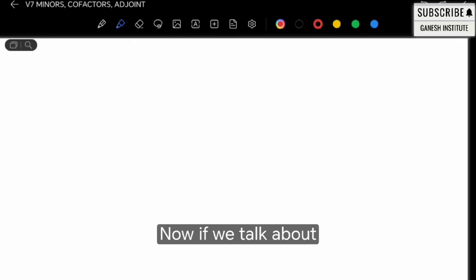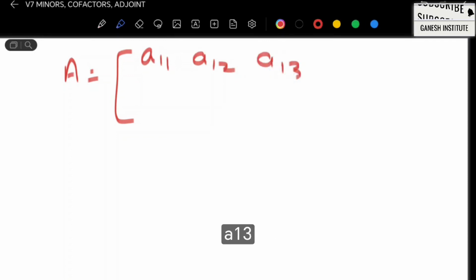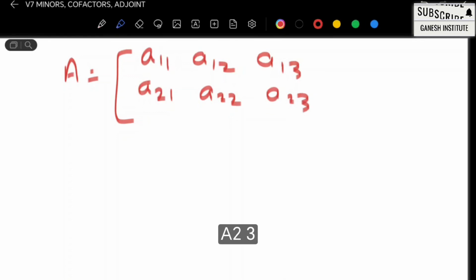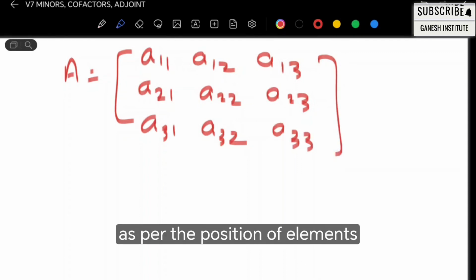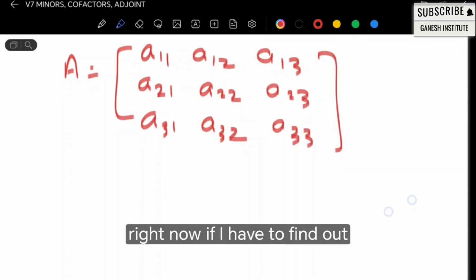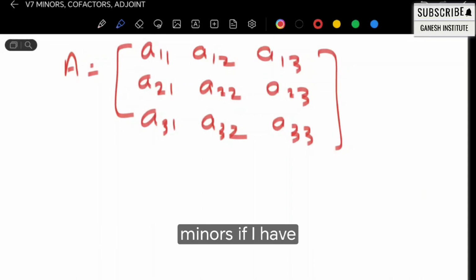Now if we talk about minors, let's say I have a general matrix A11, A12, A13, A21, A22, A23, A31, A32, A33. So these are as per the position of elements, right? Now if I have to find out the minors, what do we mean by minors?